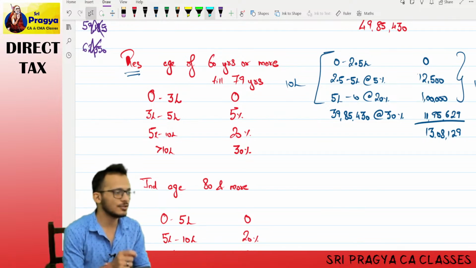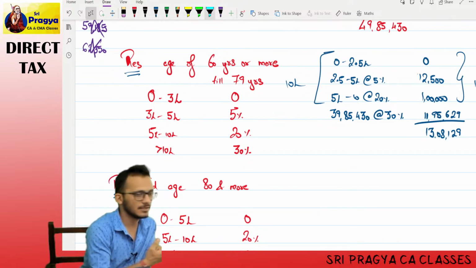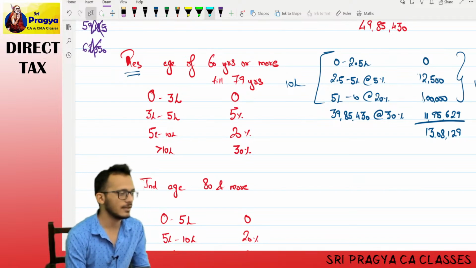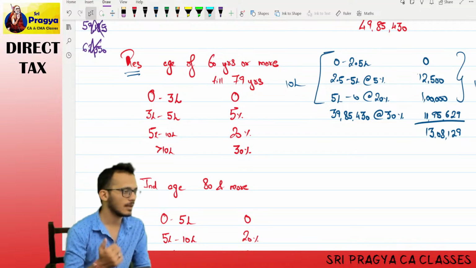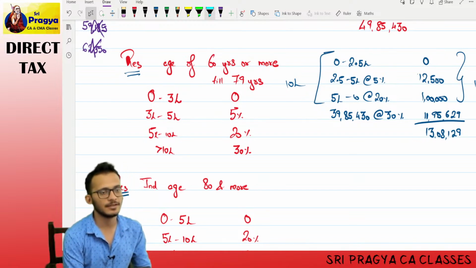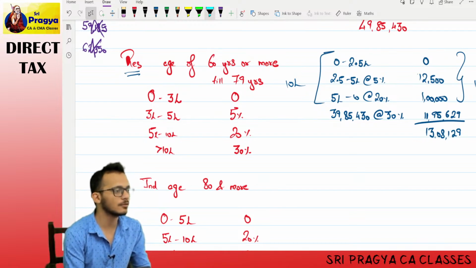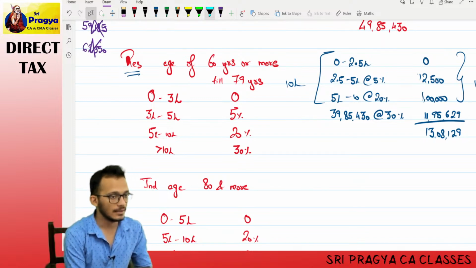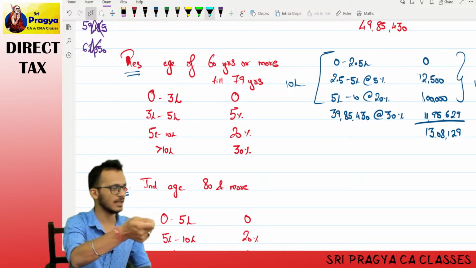Now coming to the shortcut method, the one which I told you earlier. If your slab is 2.5 lakhs and your income is more than 10 lakhs, you know that the tax up to 10 lakhs will be 1,12,500. Same thing works here also. If my income goes beyond 10 lakhs, my tax up to 10 lakhs will be 1,10,000, because I'm giving away 2,500 to you.